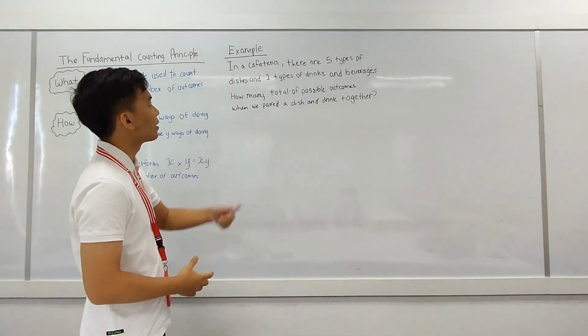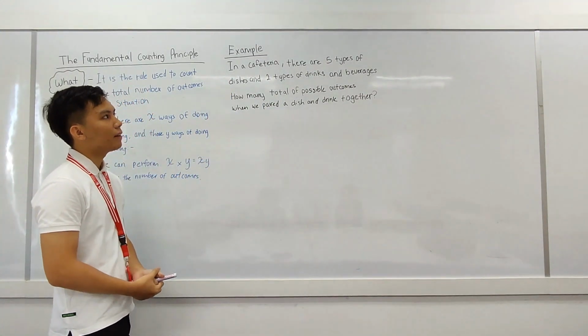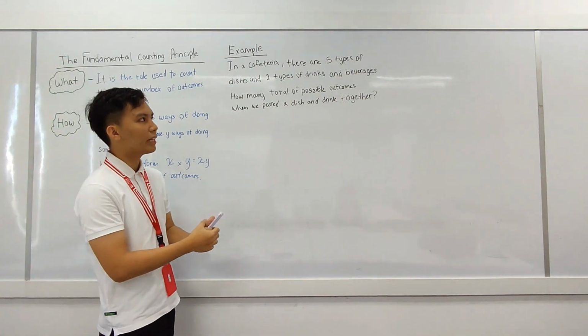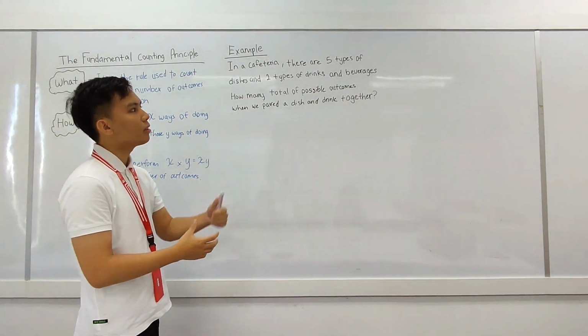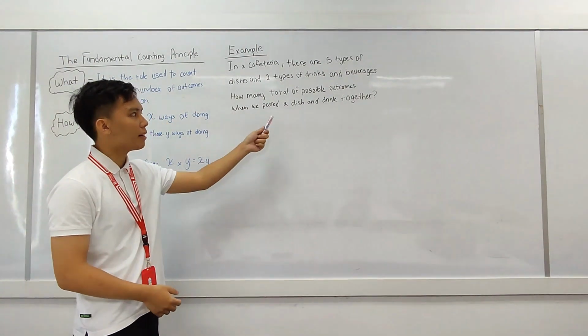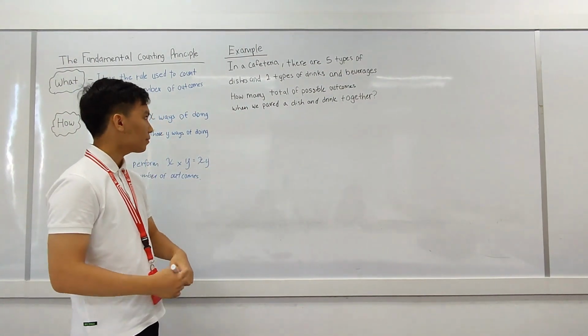So example 1: in a cafeteria, there are 5 types of dishes and 2 types of drinks and beverages. How many total possible outcomes are there when we pair a dish and a drink together?